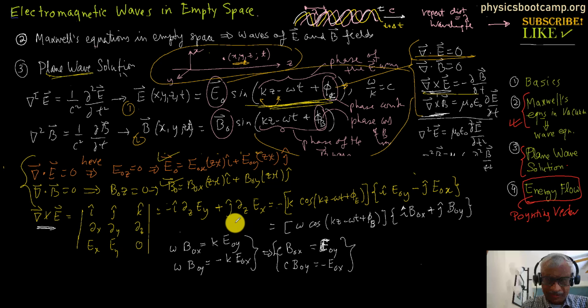And the way you process it is, this is the only derivative that's going to survive for us because we've chosen to be along the z-axis.